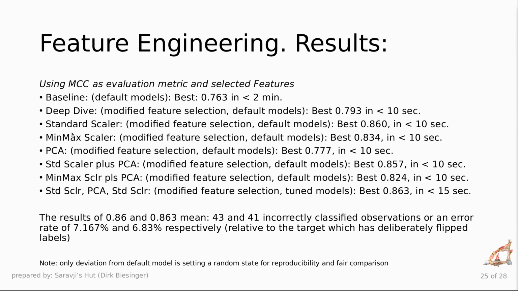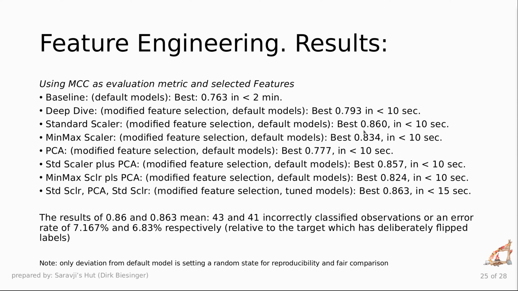Next experiment we did, we used the standard scaler on the modified feature selection that we had out of the deep dive, to engineer and scale the features so that they are of comparable importance.